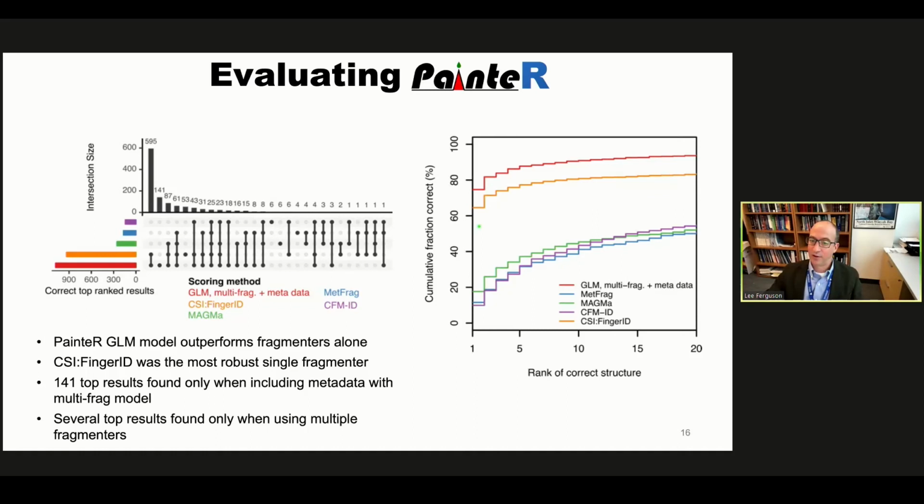What you can see is that some of the individual fragmenters perform somewhat poorly by themselves. CSI:FingerID does quite well by itself, but we do quite a bit better when we put all of these together in a combined model and then score.